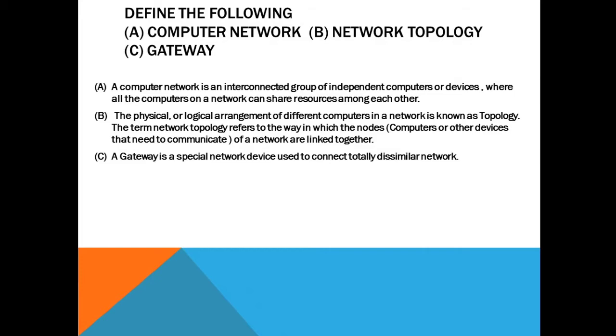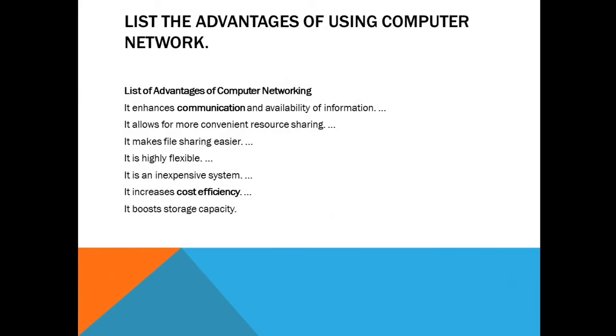The next question asks for a list of advantages of using a computer network. What kind of advantages do you gain if you are using a computer network? Here is a list. It enhances communication and availability of information. और communication को enhance करता है यदि हम network में किसी चीज को कर रहे हैं. It allows for more convenient resource sharing.